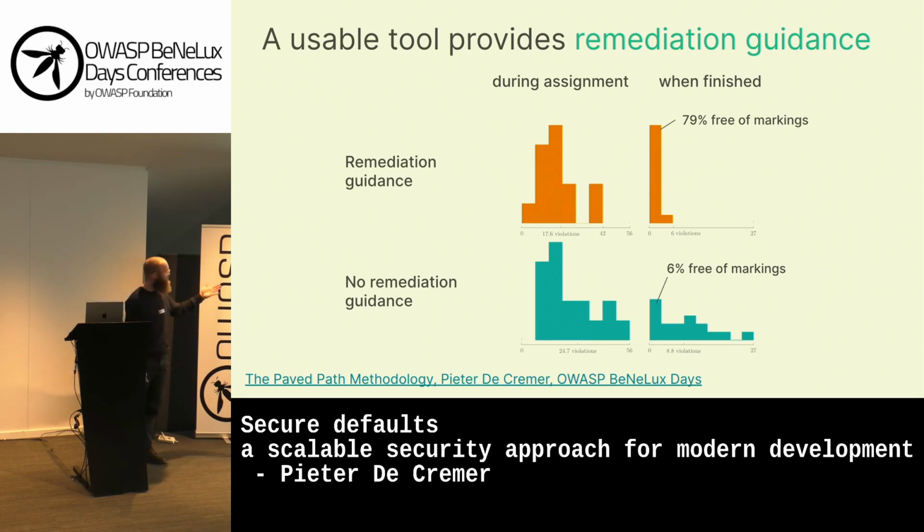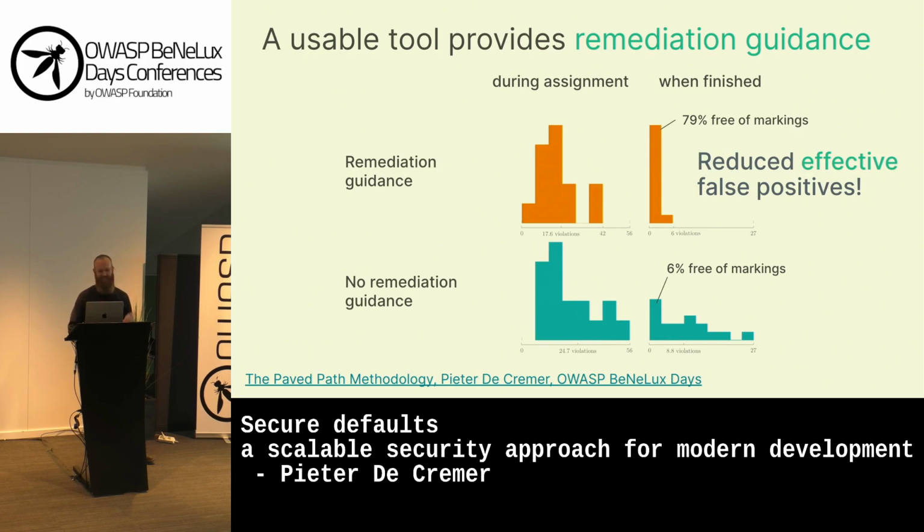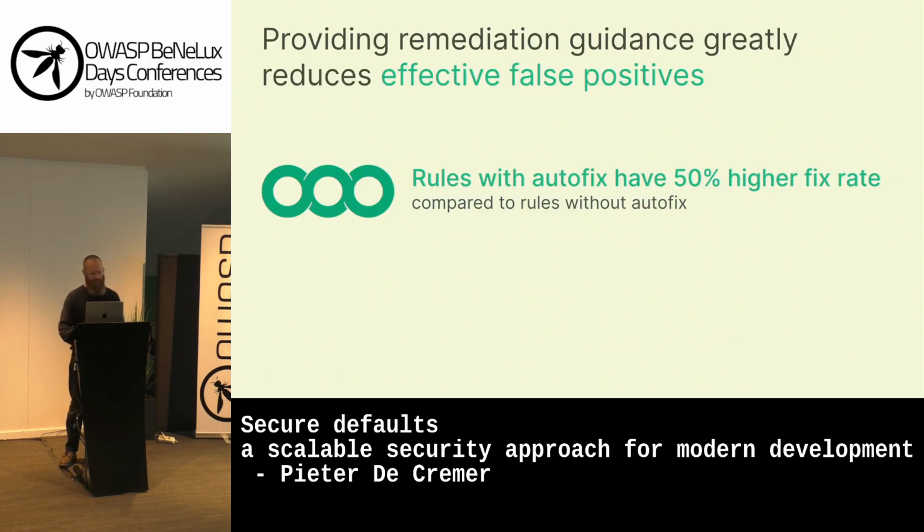But at the end of the assignment, 79% of the group who received remediation guidance ended their assignment free of any markings by the tool, while there was only 6% for the group without remediation guidance. So you can see that there are clearly reduced effective false positives because of this remediation guidance. The developers know what to do. And we see this at Semgrep as well. The rules with an autofix have a 50% higher fix rate compared to rules without an autofix.